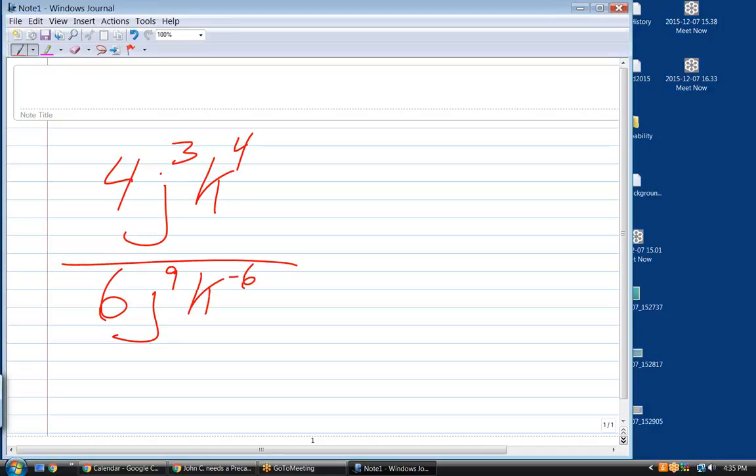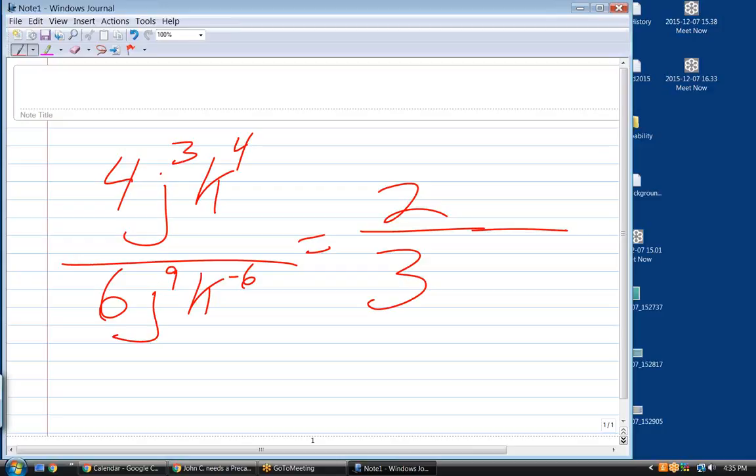Okay. The first thing we want to tackle here is the number part. What happens to the numbers? 2/3. Okay, the 2 stays there, the 3 stays there. What about the j's? How do you take j to the third divided by j to the ninth?